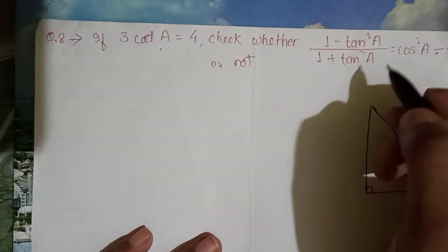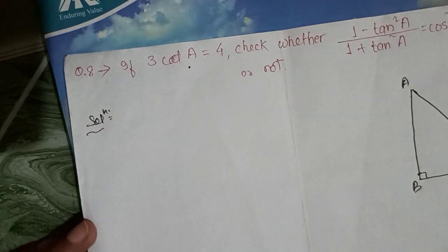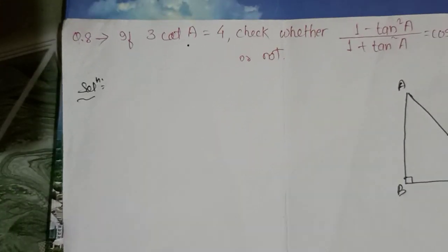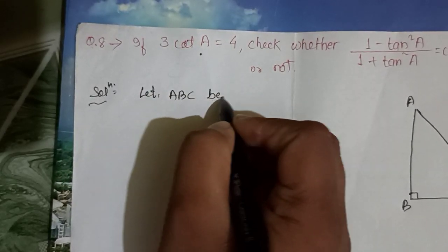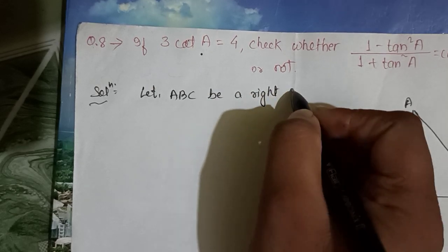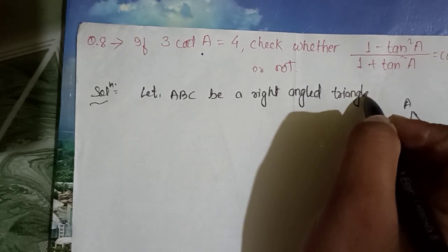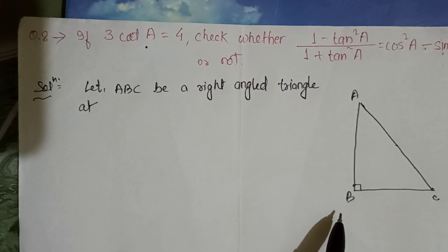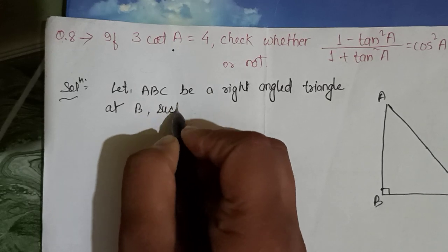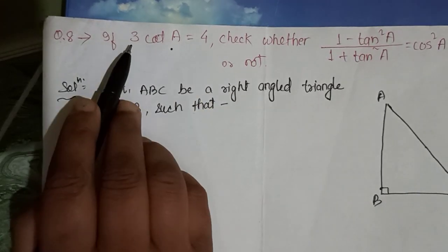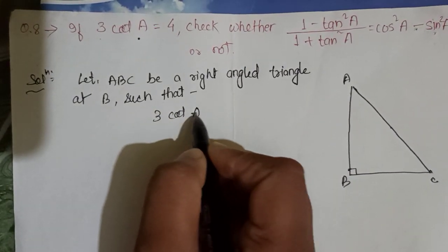We will take triangle A, B, C. So solution: let A, B, C be a right angled triangle, right angle at B, such that 3 cot A equals 4.